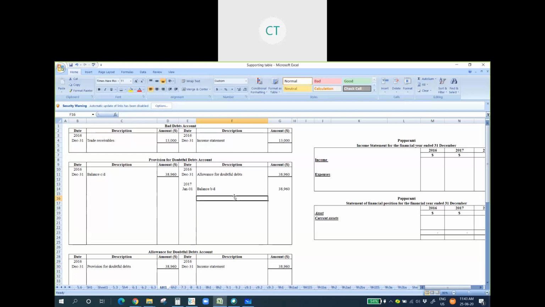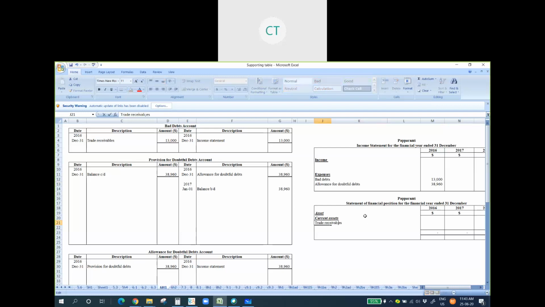Next, we have to reflect those entries in our income statement and statement of financial position. We start from income statement. We have bad debts, 13,000. We have allowance for doubtful debts, which is 38,960. And then in your statement of financial position, we have trade receivables.